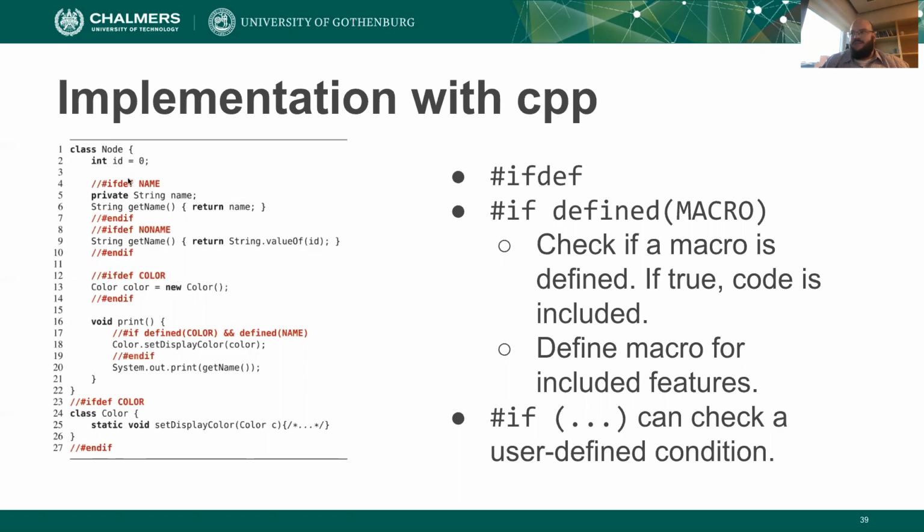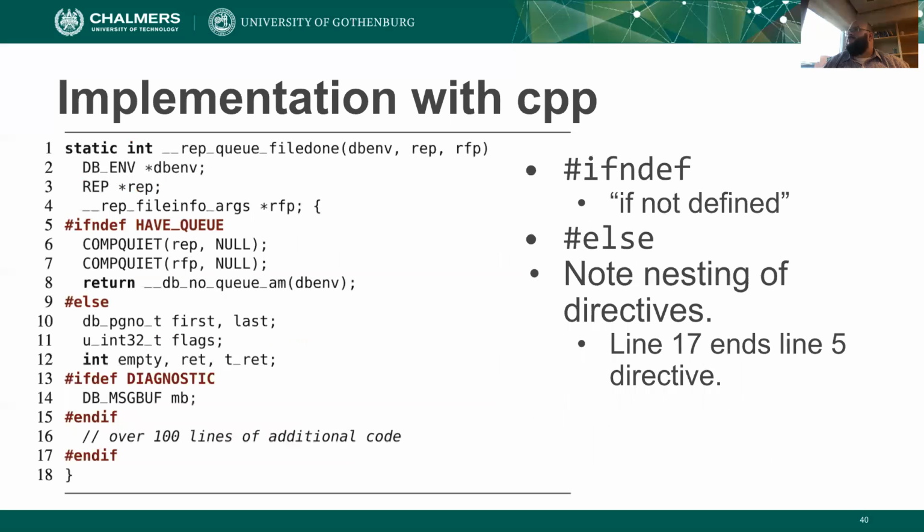So if name is defined, this code is included. If it's not defined, we strip it out and ignore it. With if, we can also check any user-defined condition, but we generally keep this simple, and we just define a macro for any used feature, and skip this for features not included, right?